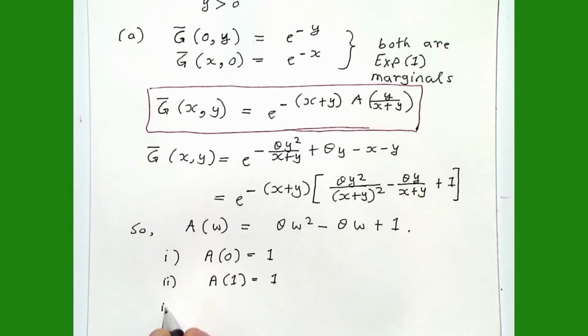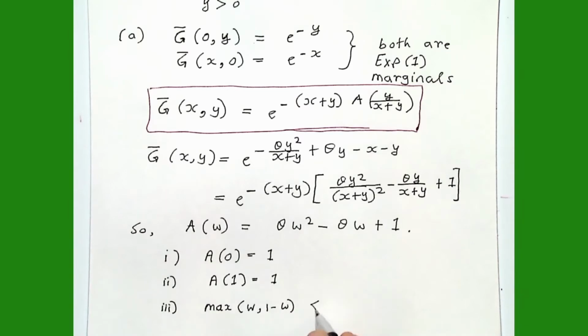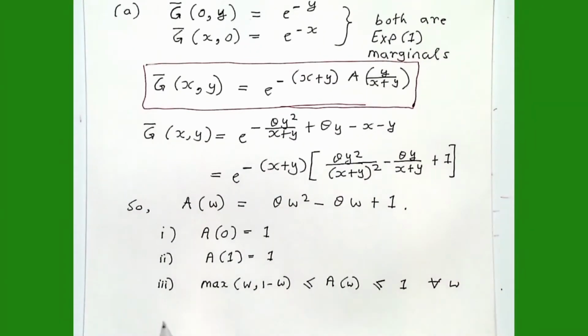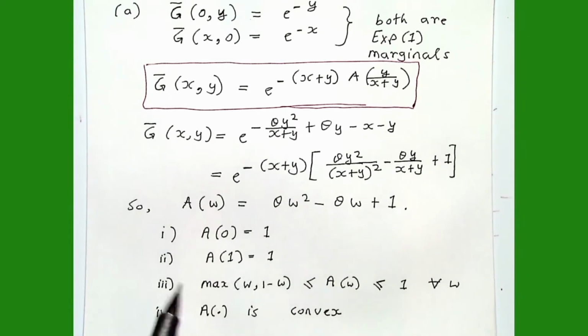The third condition is, for all w, a bound that I'll write out shortly. And the fourth condition is that A must be a convex function. So what remains is to show that this function satisfies each of these conditions.